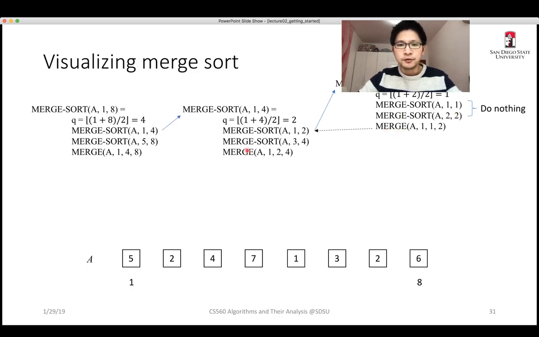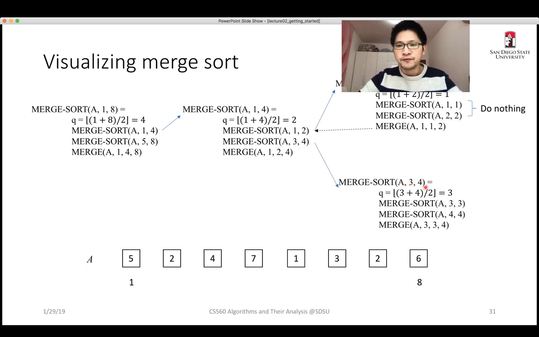If you look at the merge sort call on A3 to A4, it further computes the midpoint between 3 and 4, which is 3, and calls merge sort on A3 to A3 and A4 to A4. Similarly, they also reach the boundary condition of the recursion, which does nothing at all.